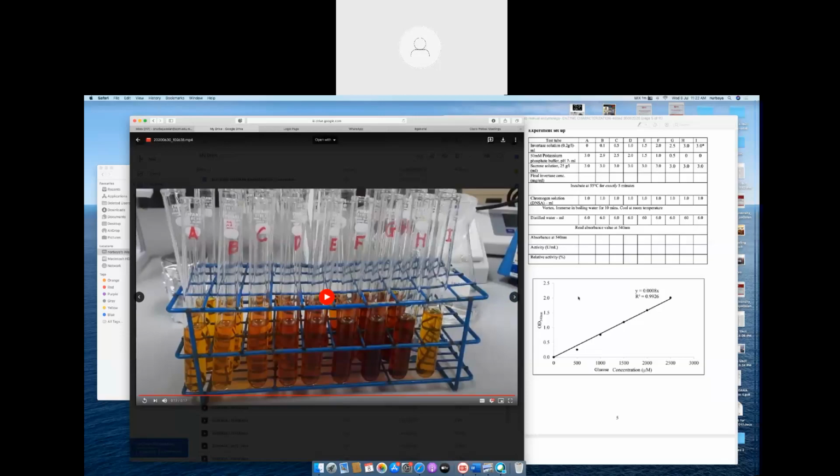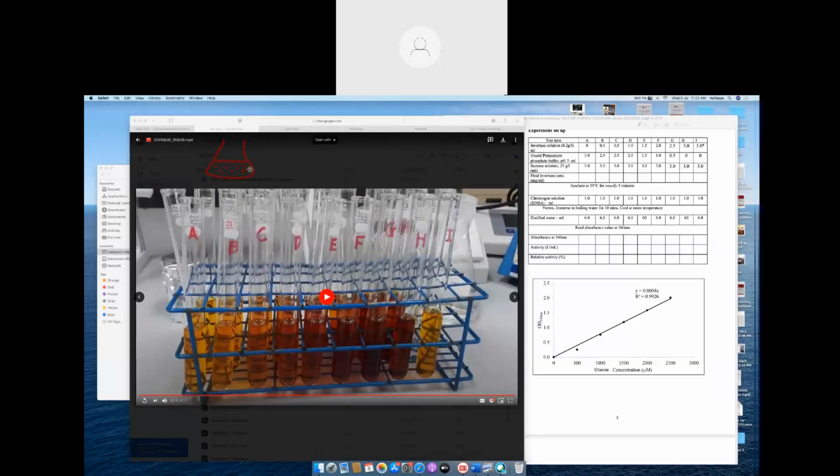Okay, if you have this culture, I'm going to go to the sketch from last year. So you have this culture, and what happened inside this culture? You have the enzyme inside.